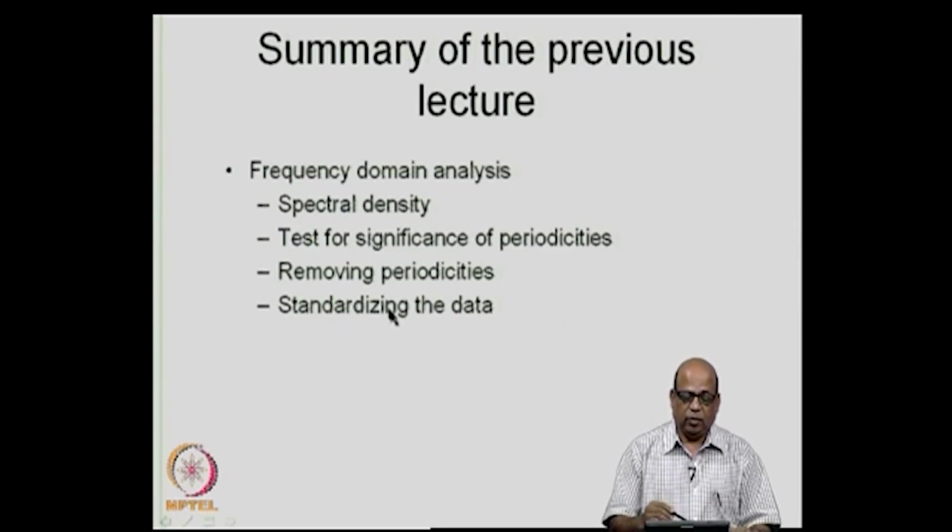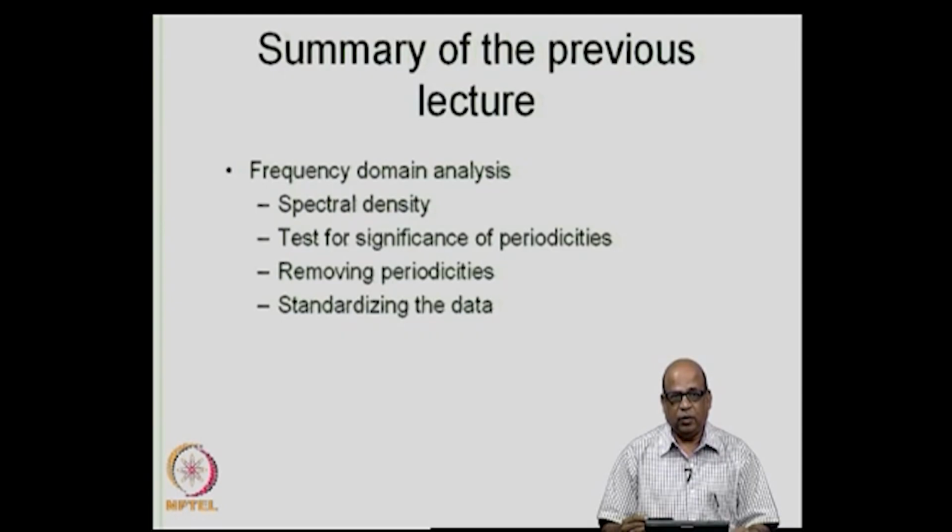We examined how the correlogram and the spectral density, or the line spectrum or the power spectrum, look for the standardized data vis-a-vis those for the original data. Towards the end of the last lecture, we were discussing a numerical example of estimating the power spectrum and identifying the periodicities. So, we will continue with that example.